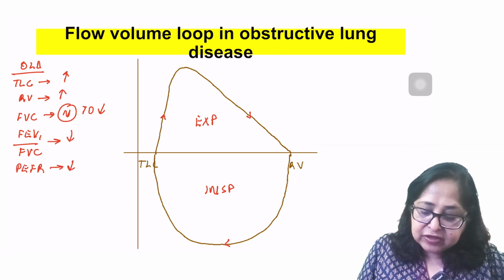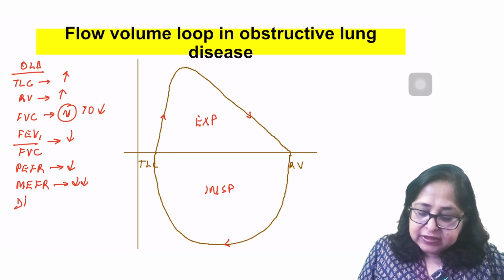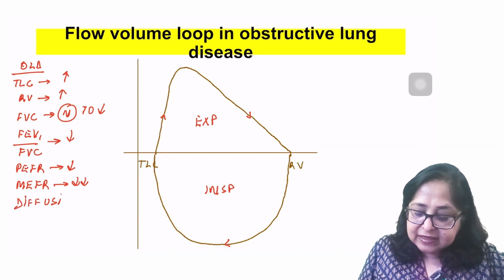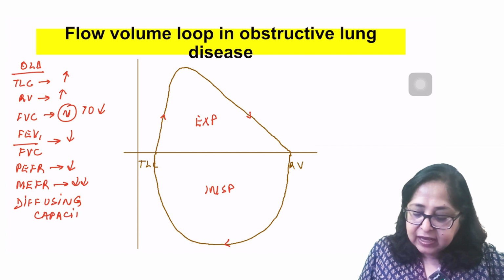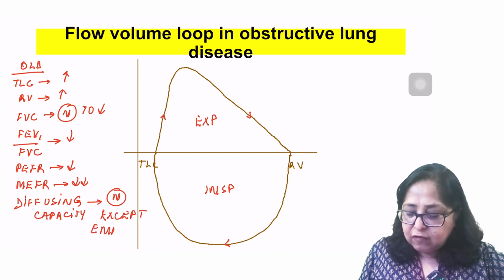PEFR is reduced. MEFR is markedly reduced. Diffusing capacity is normal except in emphysema. So these are the features of obstructive lung disease.